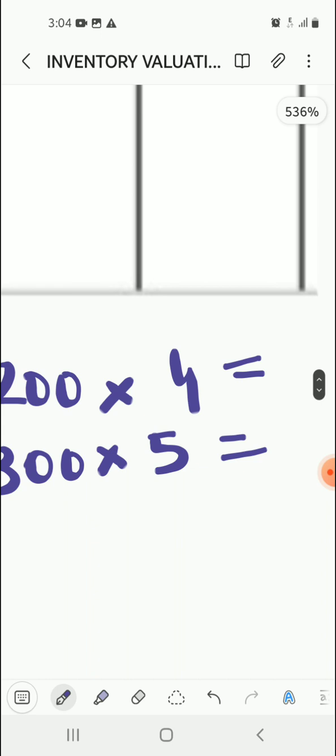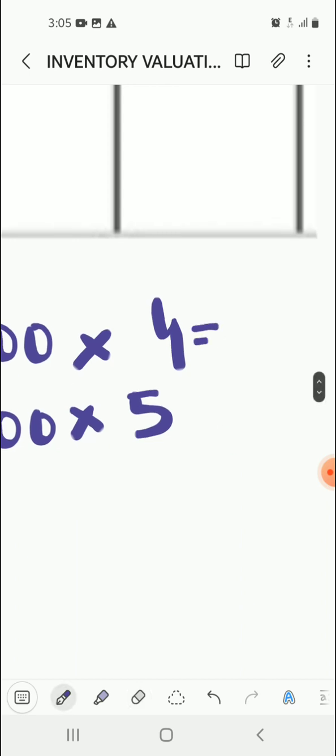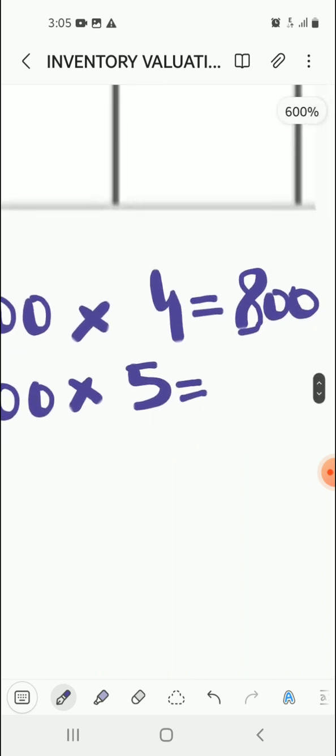So this 200 into 4 amounts to 800. So we're going to write it. Similarly, 300 into 5 will amount to 1500.